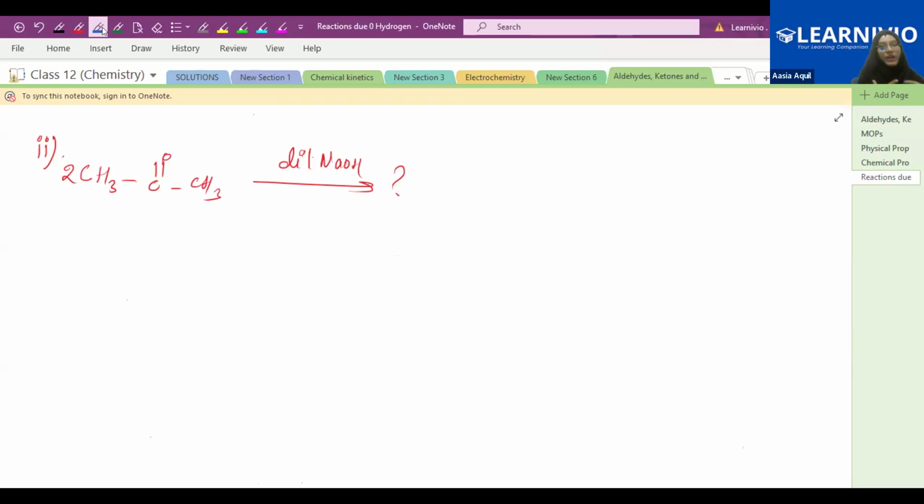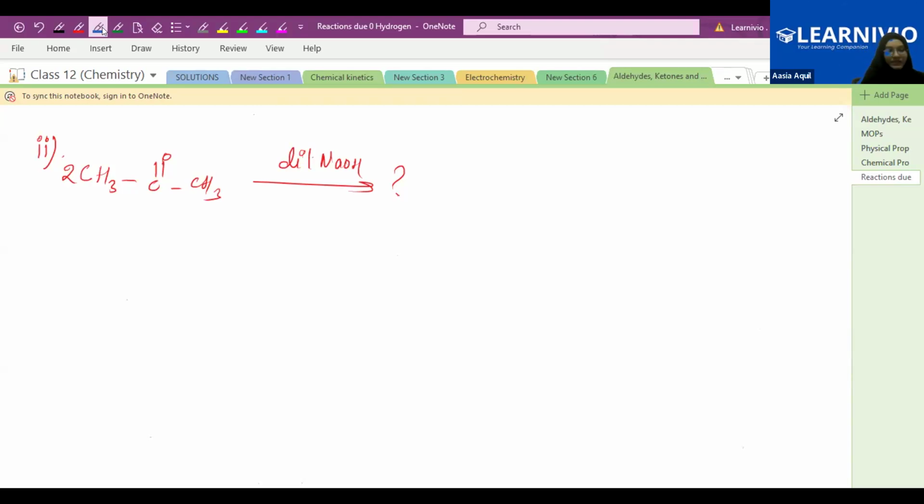Second is the cross-aldol condensation, the reaction of different molecules. Different molecules could be an aldehyde and a ketone, one aldehyde and one ketone. That is cross aldol condensation. So we will discuss both self condensation and cross condensation, right?